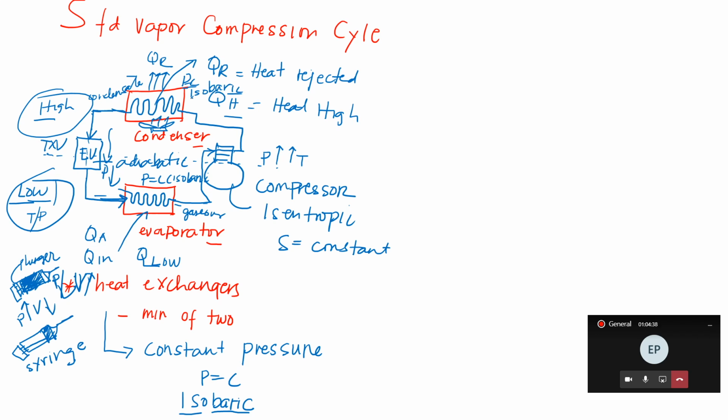Okay, how do we translate this in the so-called pH diagram? So this graphical notation, or pictorial drawing, is being converted in the pH diagram.